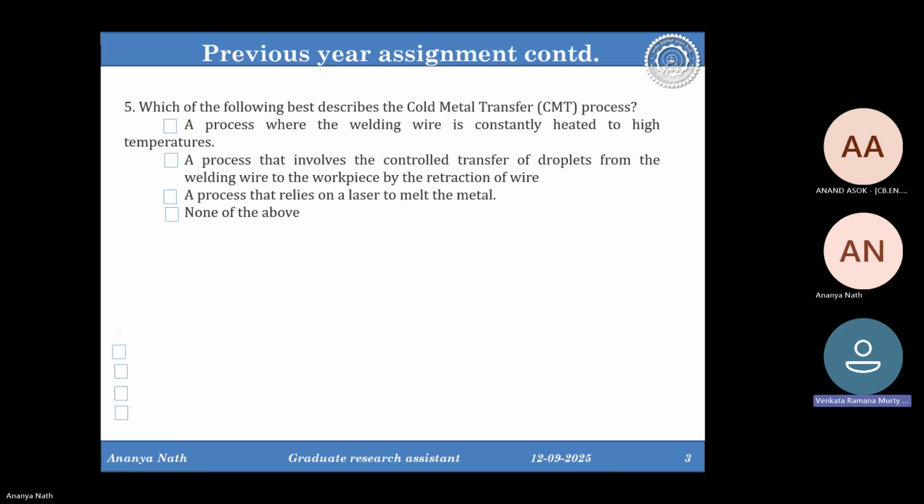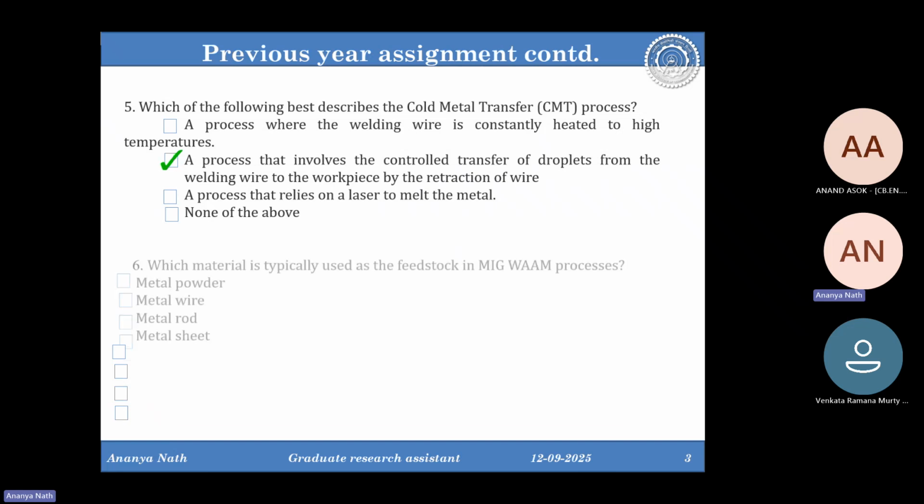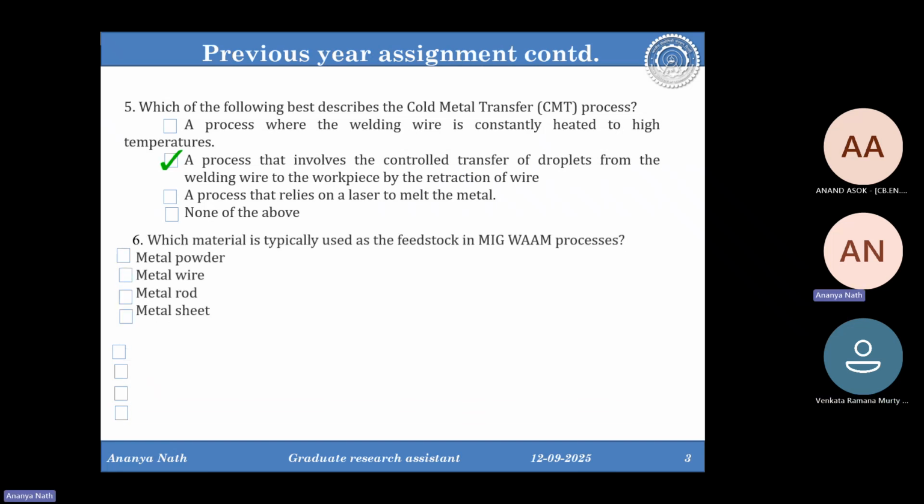Option B: a process that involves a controlled transfer of droplets from the welding wire to the workpiece by the retraction of the wire. Cold metal transfer is all about first short circuiting and then retraction of the wire. This is the main phenomenon.